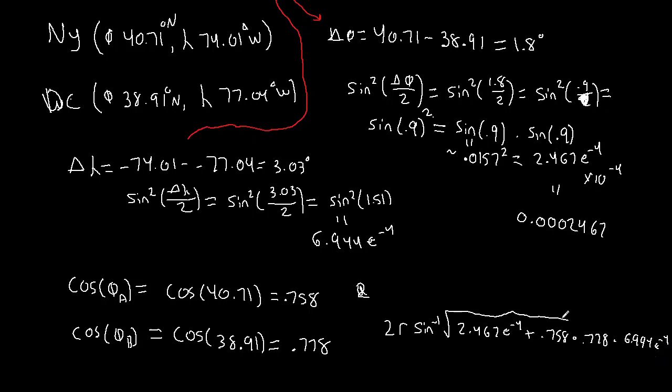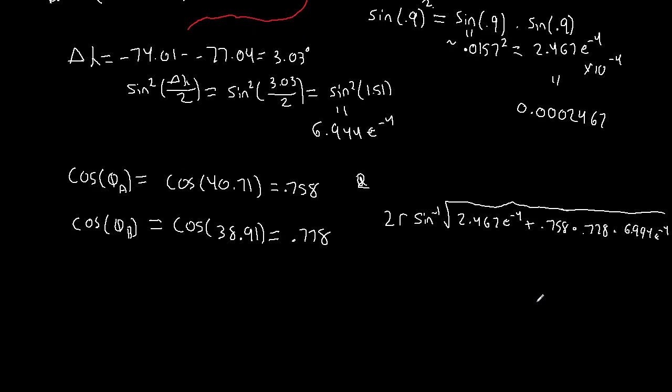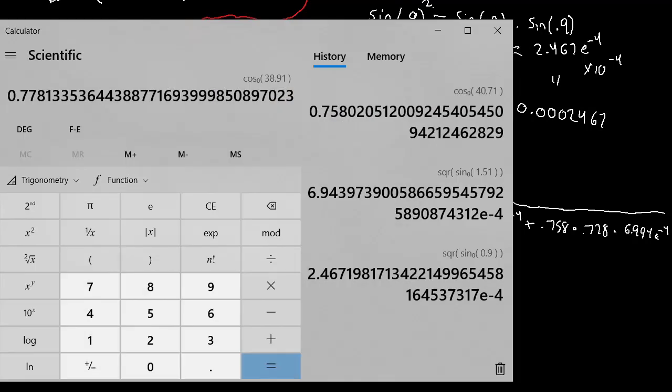Okay, so this is where we stand right now. We have the capacity to simplify or calculate everything under the square root right now. So what we're going to do is pull out our calculator.